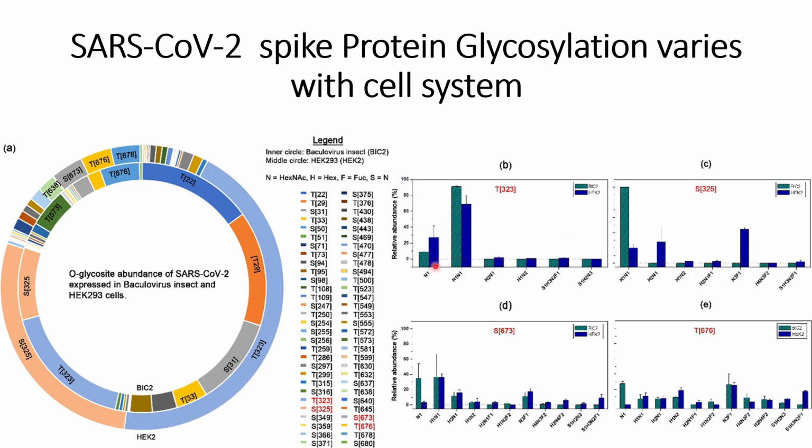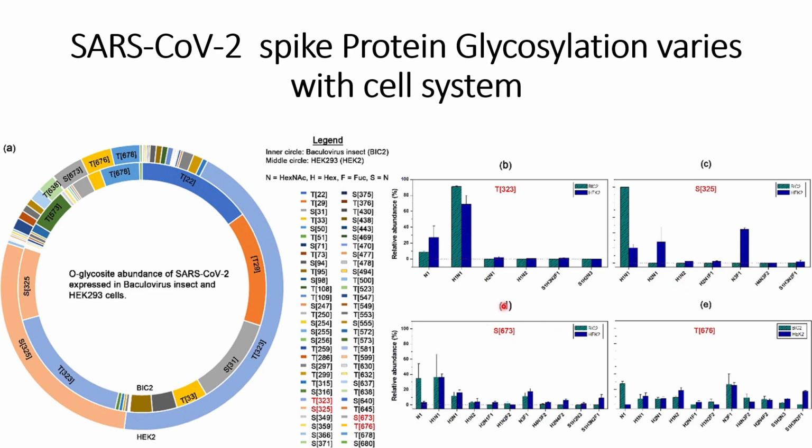It is more in the case of HEK cells, whereas it is less in the case of BIC2 cells. And at the 325 site, the H1N1 O glycosylation is more in the BIC2 cells, whereas it is very low in the HEK cell system. The N3F1 O glycan is more in the HEK cells, whereas it is almost negligible, at the reference level, in the BIC2 cells.